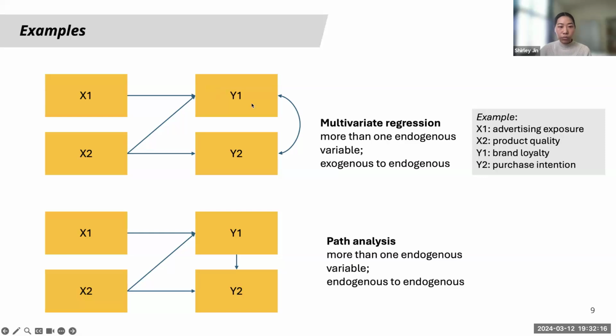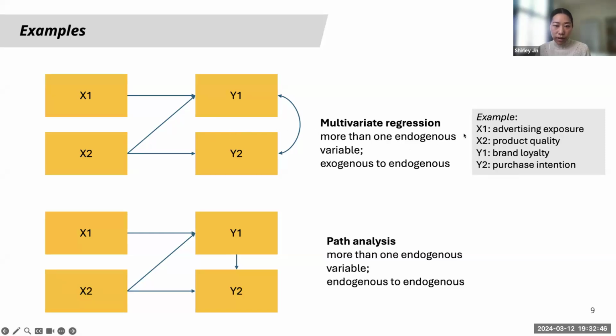But if we have the double-headed arrow, then it's multivariate regression, which means that we need to consider the joint distribution of the DVs. We want to estimate how the changes in the IVs, the exogenous variables, are associated with the changes in the entire set of DVs.